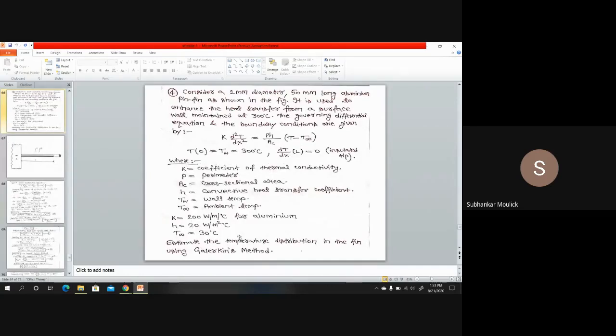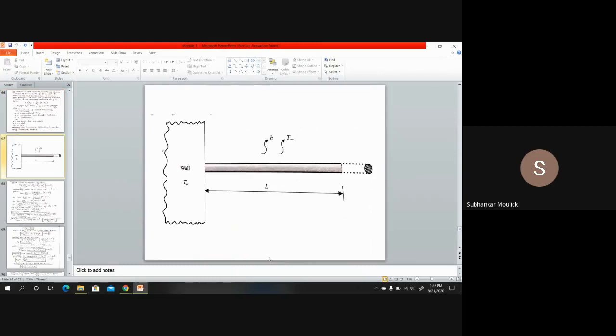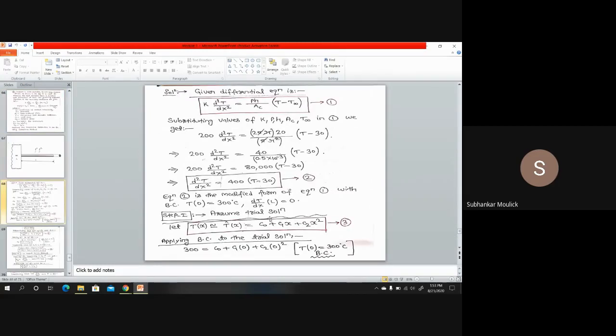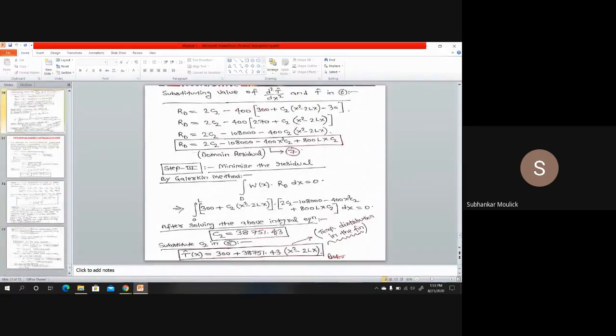Now if you substitute this value of C2 in the original assumed trial function, C0 plus C1x plus C2x square, you will get the approximated solution of the problem, which is T cap of x.